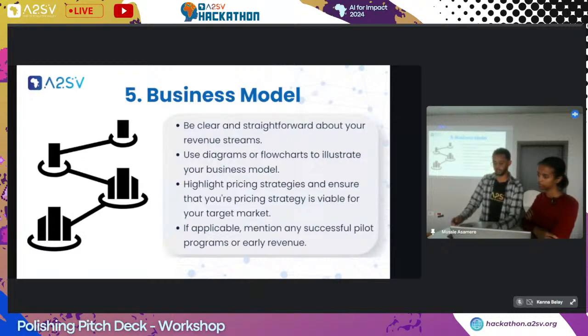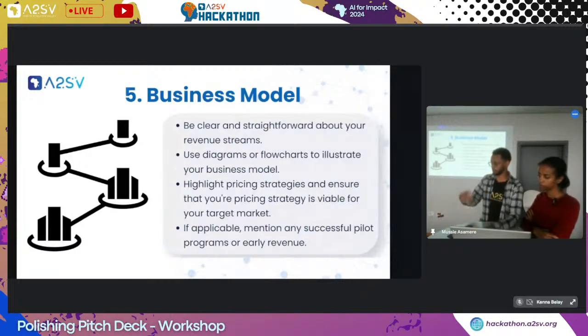If you know more about your target audience, you can say specifically that we're pricing this subscription or premium model at this much, so that it can align with their budget or their capabilities.